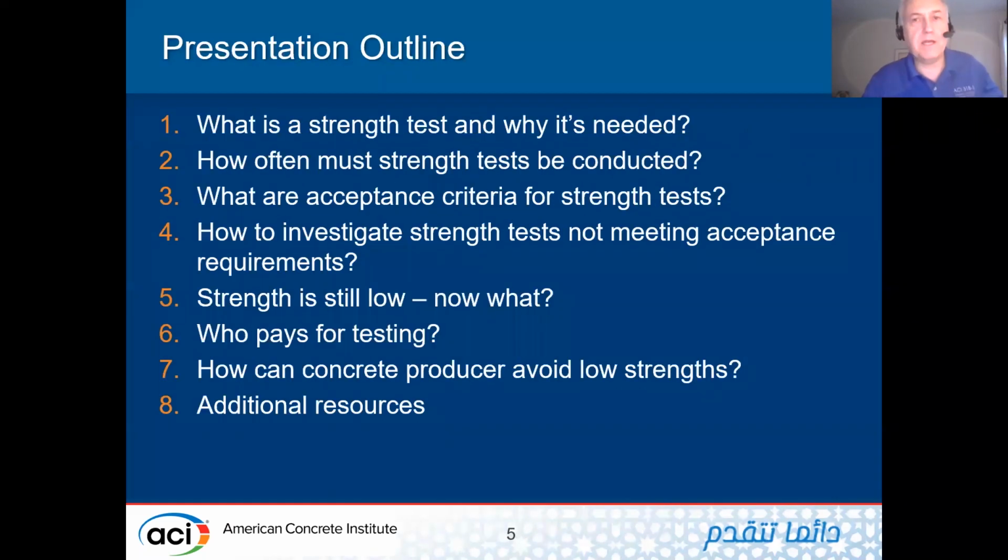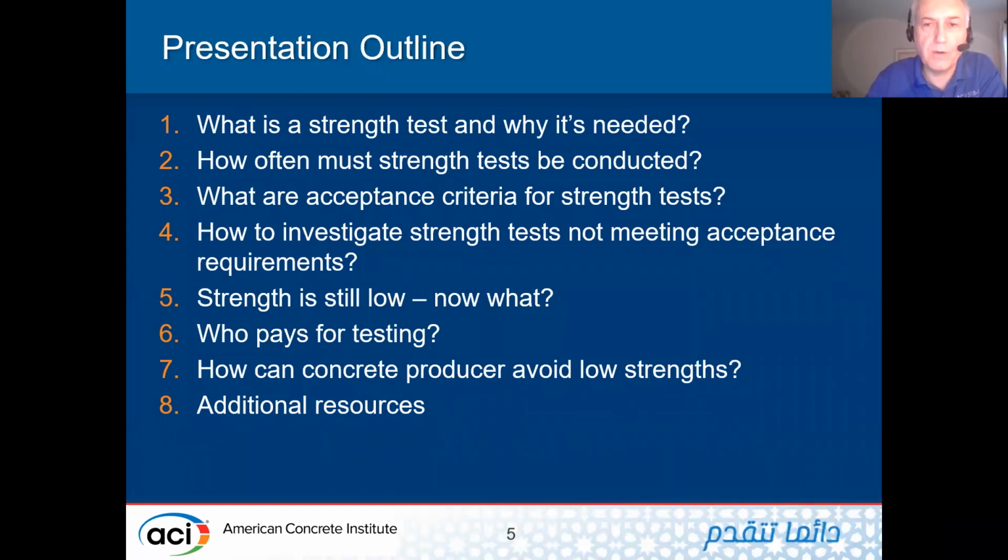Rather than an outline, we'll be trying to answer these questions. What is that strength and why is it needed? How often do we conduct those tests? The acceptance criteria, as I mentioned already, and investigation of those strength tests not meeting acceptance requirements. And let's say you go through all that exercise and you still identify that your concrete is non-compliant when it comes to strength.